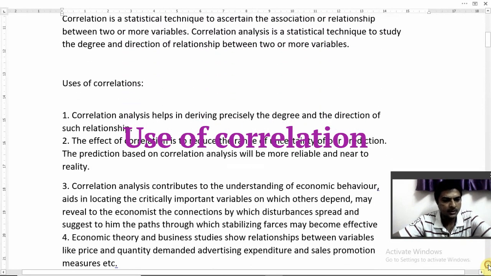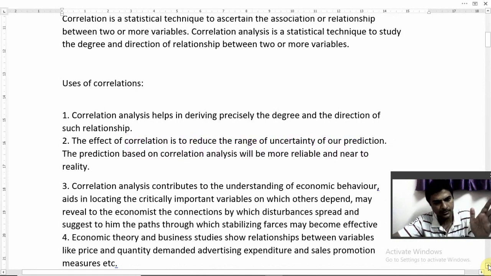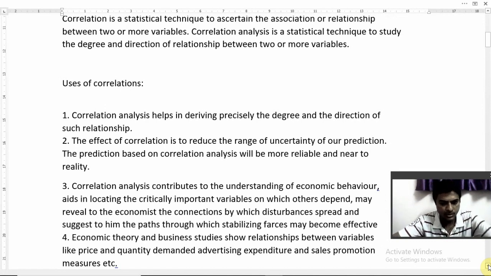The uses we have seen: correlation analysis helps in deriving precisely the degree and the direction of such a relationship. Yes friends, here we can see how the degree works. As you have a degree, you get a direction. Suppose you have completed BCom, you get direction in computing, banking, and some other sectors. If you do science, you come across a lot of other sectors.